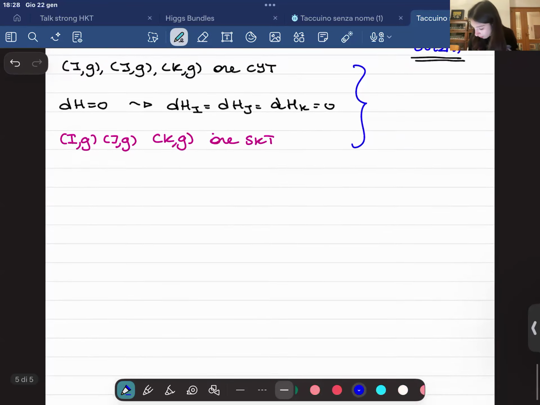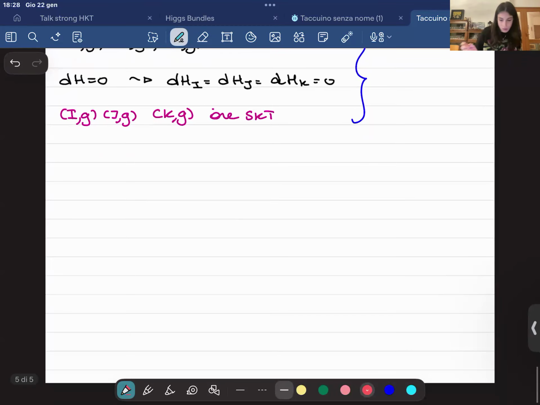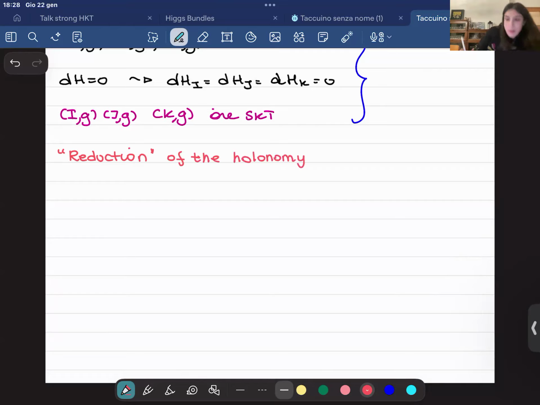So the first phenomenon I would like to describe is what I would like to call the reduction of the holonomy, which basically came from the Bismut-Hermitian-Einstein case.